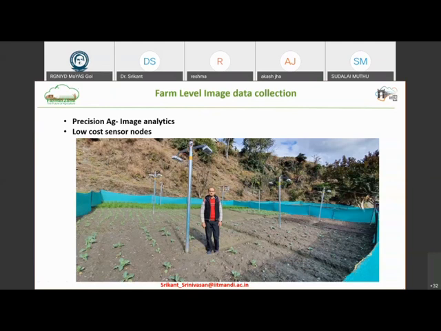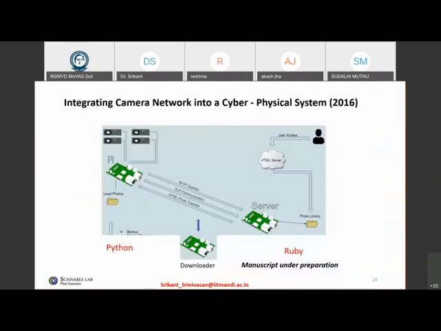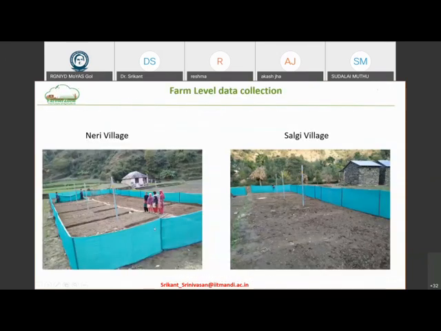What is the rate of power consumption? Supposing this is all running on battery with a solar panel, I have to track at what rate my battery is getting discharged, so that I know if there's going to be a problem or if certain batteries are not working well. So as you get into the domain, the data science application becomes ubiquitous. You have to use it in every possible way to ensure the reliability of your system. This is something we then set up in different villages in Himachal Pradesh.